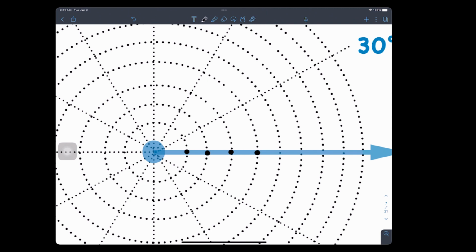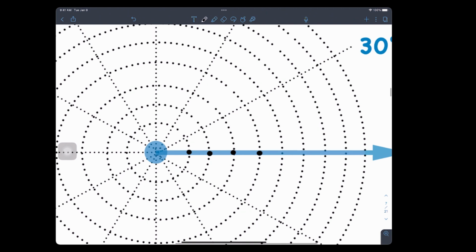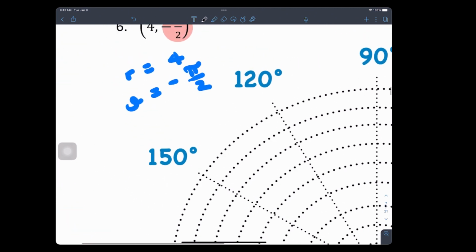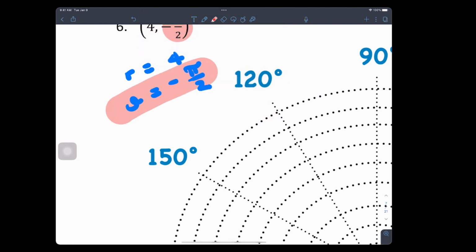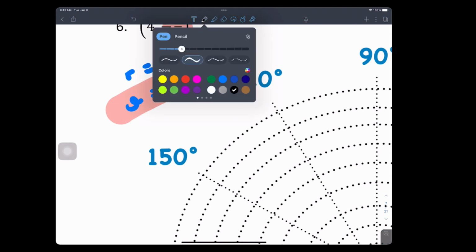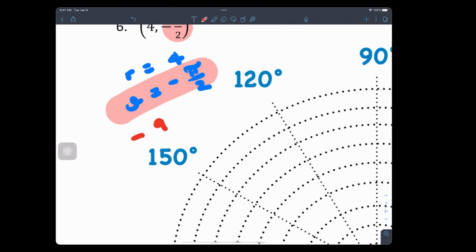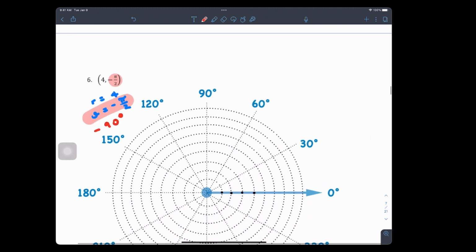Okay, there's your circle with radius 4 now. But what angle is negative pi over 2? Do you guys know? Isn't that negative 90 degrees? So that's a negative 90 degree angle, because pi over 2 is 90. All right, easy peasy. Is that right?